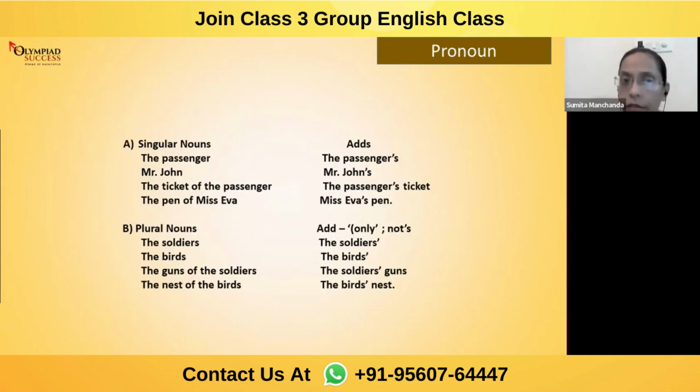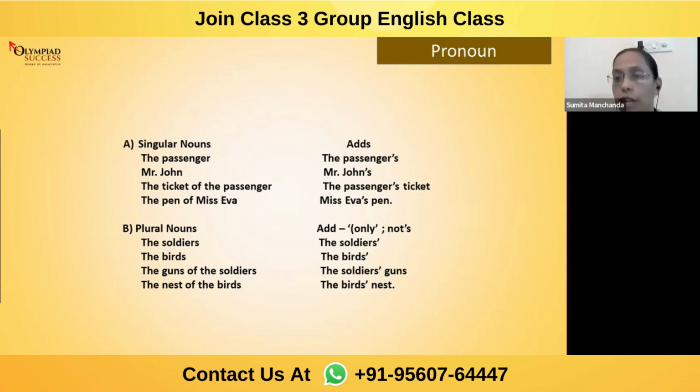Now, whenever there are singular nouns like the passenger, and if there is any belonging in a sentence, the passenger's, Mr. John's. The ticket of the passenger, the passenger's ticket, that ticket belongs to that particular passenger, one.